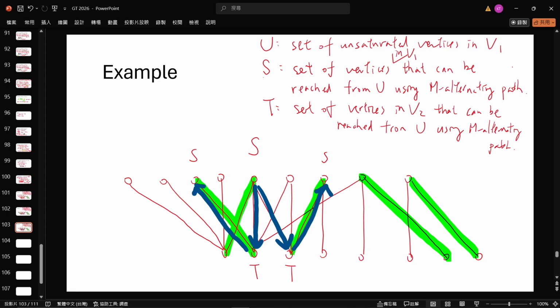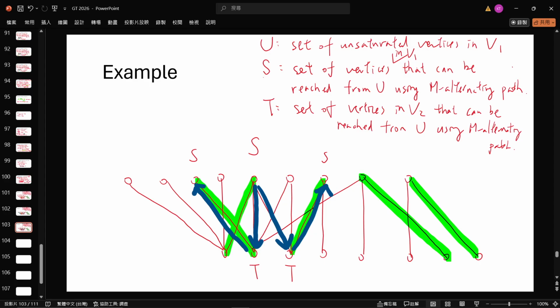So for example, say in round 5, okay, we start from this vertex in S, and we go down using some edges not in the matching. So we're going to reach this vertex, and this is not saturated. So we know that we found an augmenting path, okay? And because we also want to output the augmenting path, for every vertex, we are going to keep track of its parent, or its previous vertex, okay?